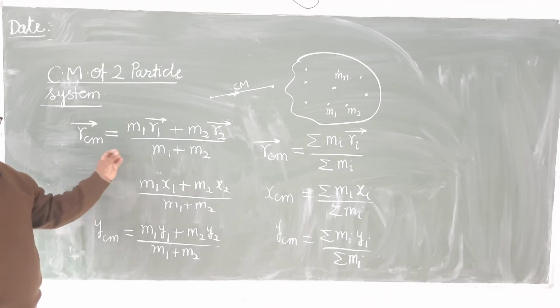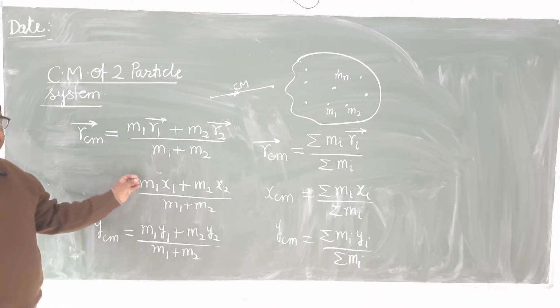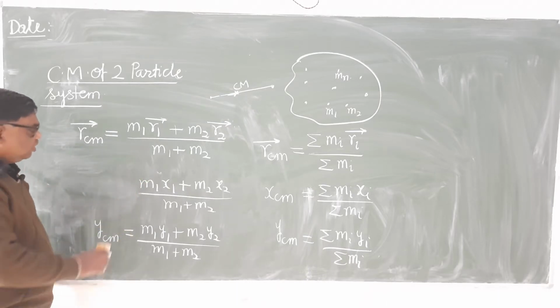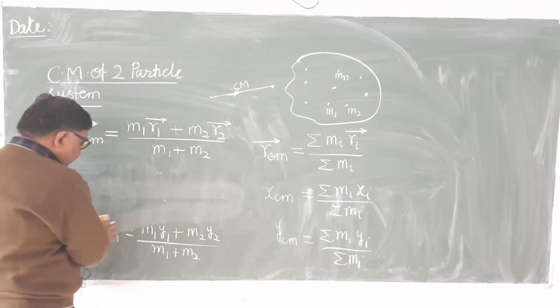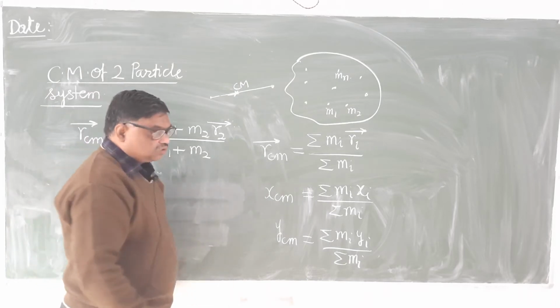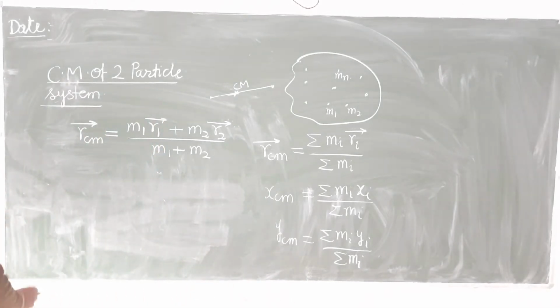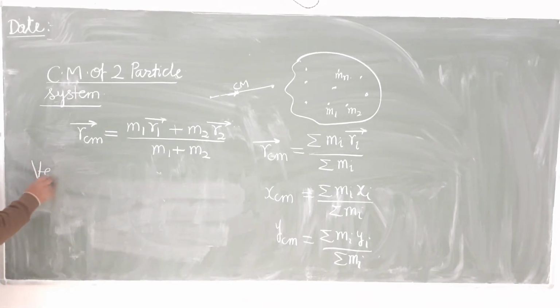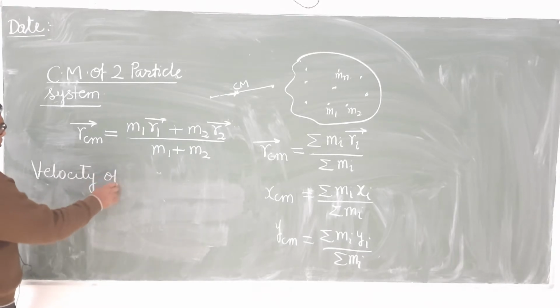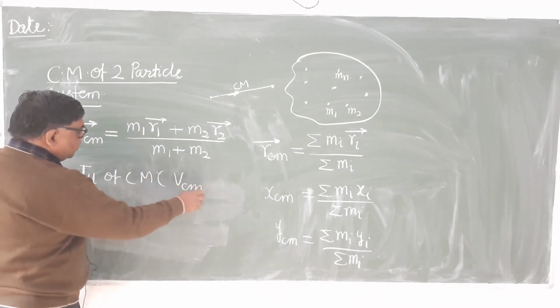But by observing the motion of the center of mass, we can study the motion of that body in a very simple way. Here you can see the velocity of center of mass, which we denote by VCM.